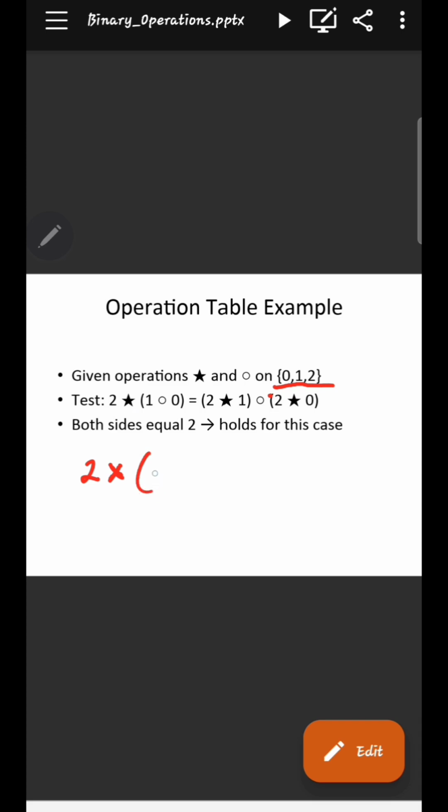Let's just define it and see whether it is true.